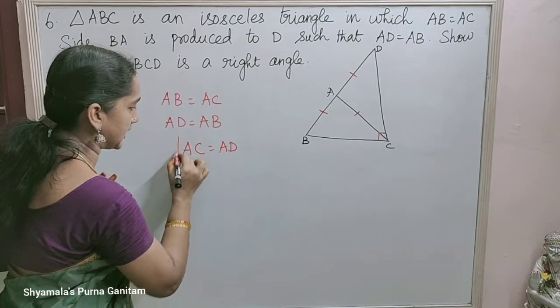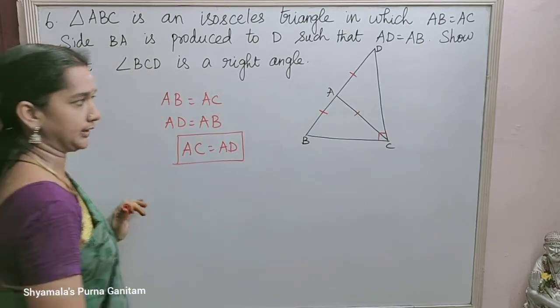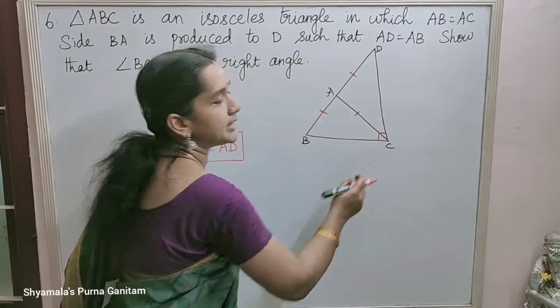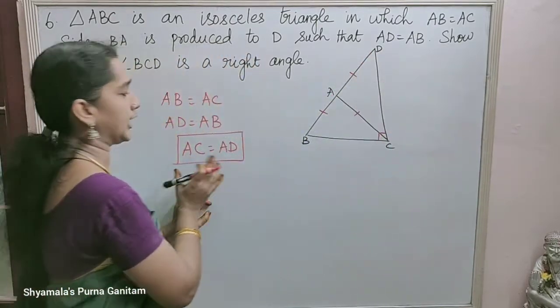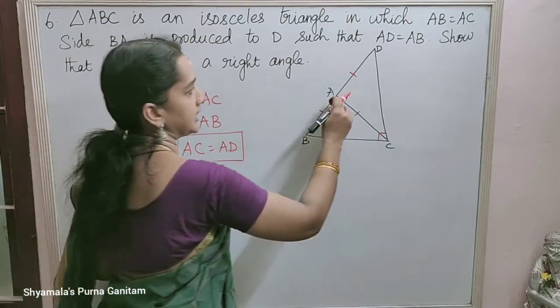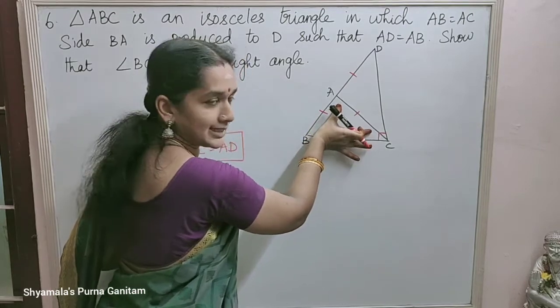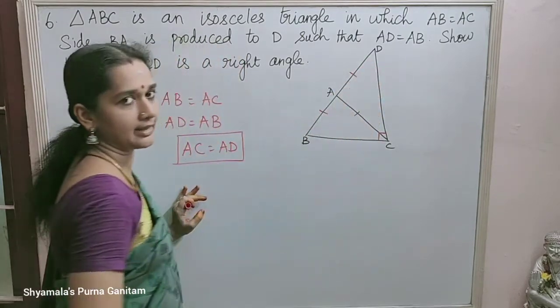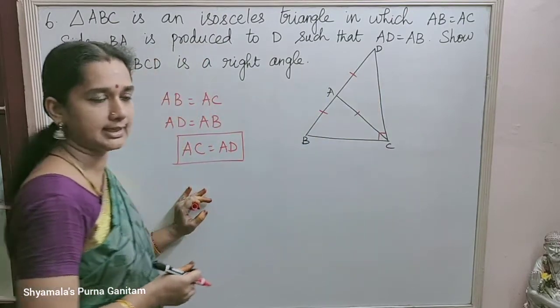So the length of AC and the length of AD are also equal. That is, not only is ABC an isosceles triangle, ADC is also an isosceles triangle.